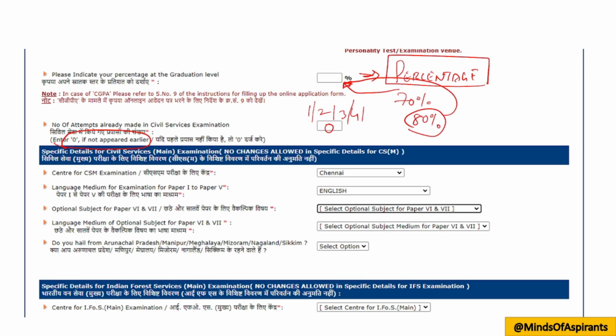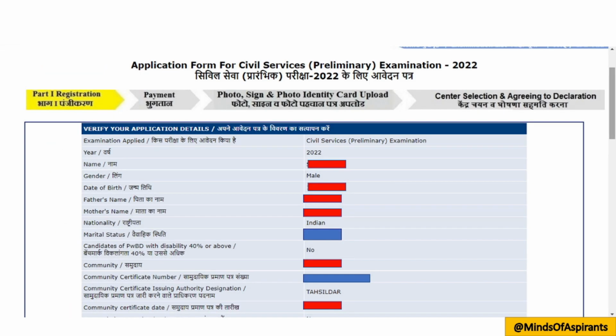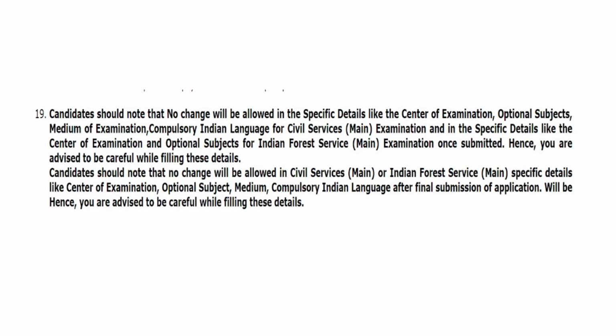Then there comes the most important part. This is the part where you should be very careful when you write. Why? Because see here, they have clearly given: candidates should note that no change will be allowed in the date of exam, center of examination, optional subject, compulsory Indian language, and the specific details related to options of the Indian Forest Service examination.